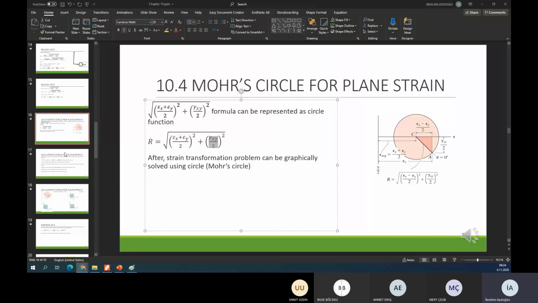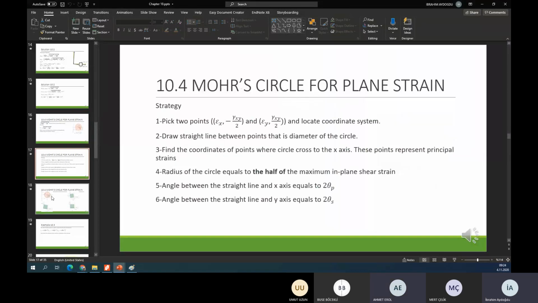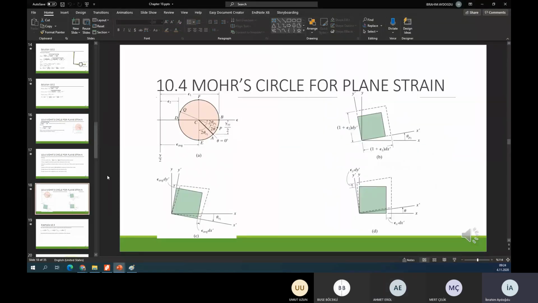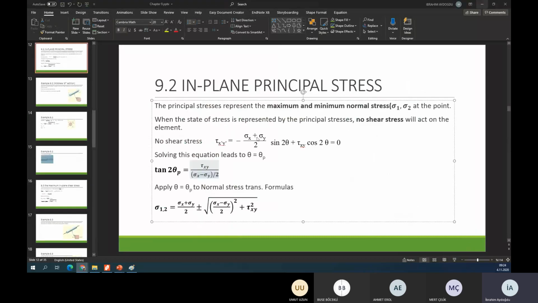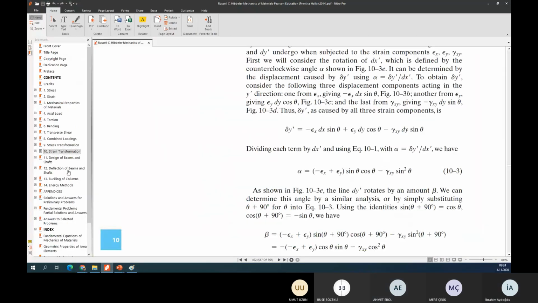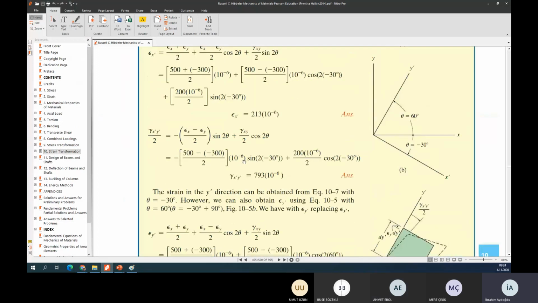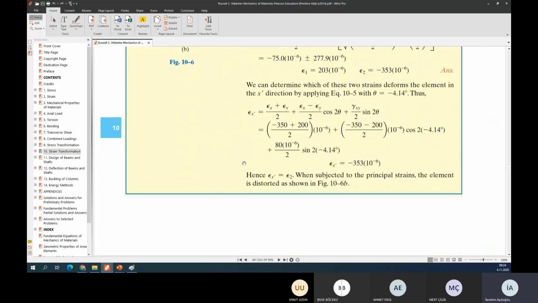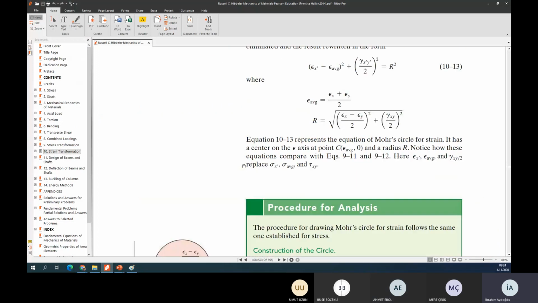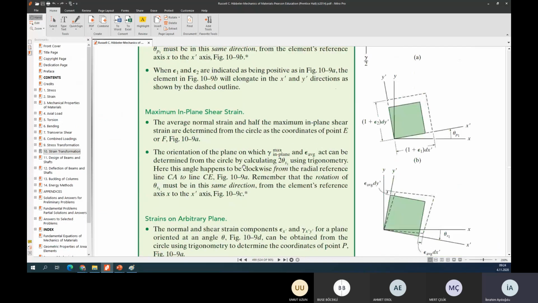Okay, so Mohr circle on plane strain. Let's do an example. I don't want to use the example on this slide. I prefer to use an example from the Hibbeler book. You choose for me, or if you say, professor, you can choose any for us.